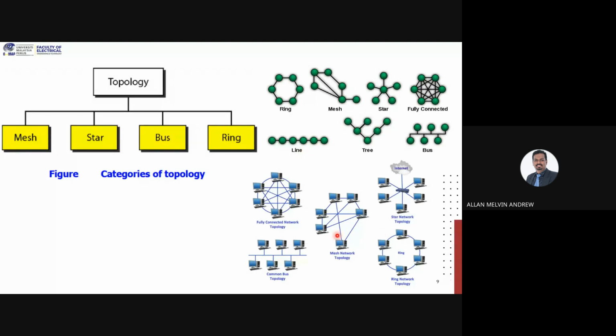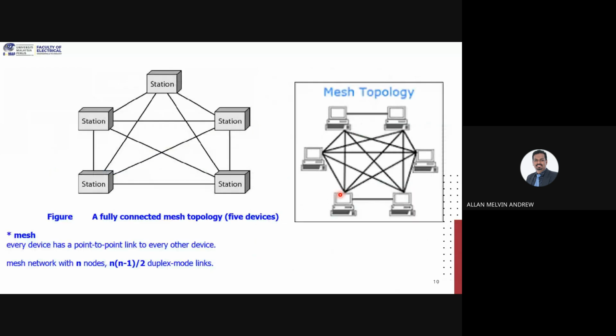All these do not have examples here, and then there are all the other types. Usually we will use this form, and it can also be extended to other types of topology. Okay, so this is the fully connected mesh topology.